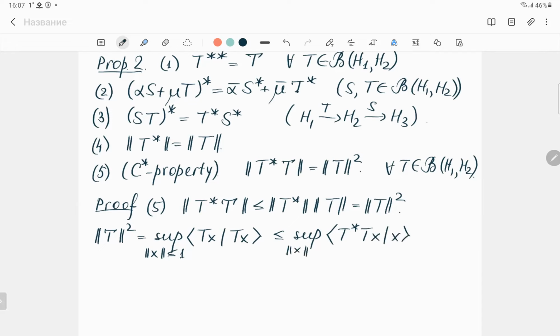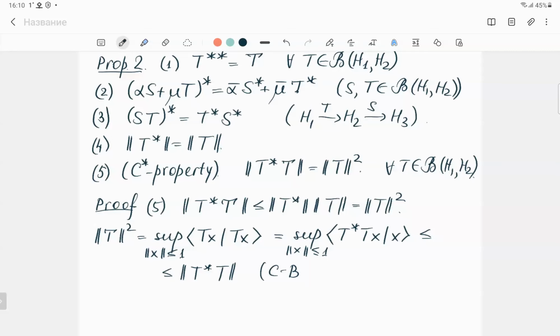In fact, we have an equality here, essentially by the definition of the adjoint operator. And by the Cauchy-Bunyakovsky-Schwarz inequality, this is less than or equal to the norm of T star T. So the Cauchy-Bunyakovsky-Schwarz inequality shows that this inner product is less than or equal to the norm of T star T multiplied by the supremum over the unit ball of the norm of x, which is obviously 1.